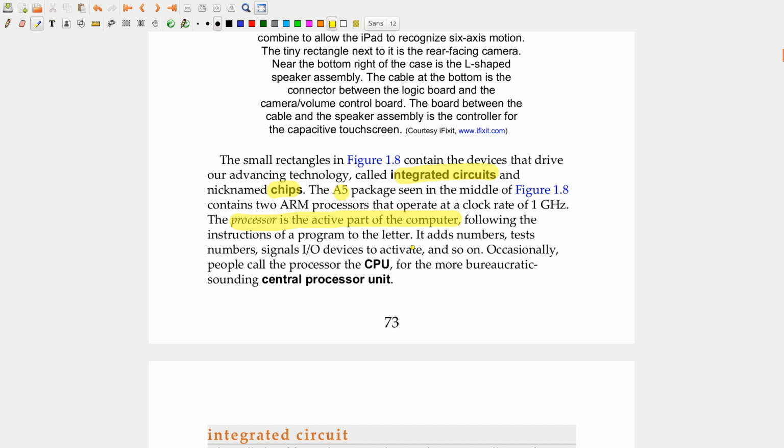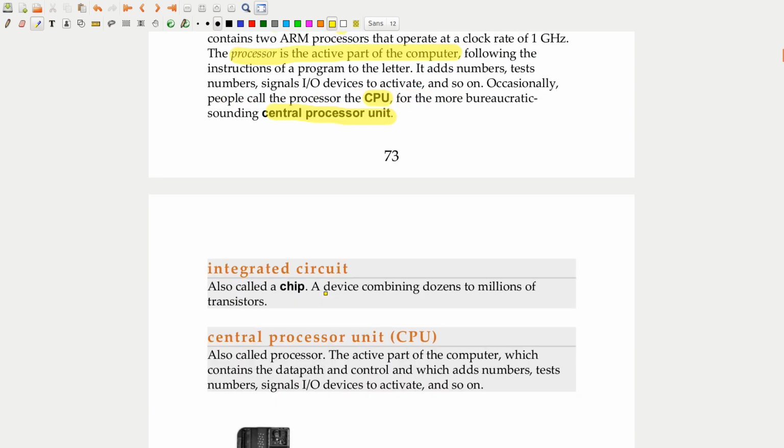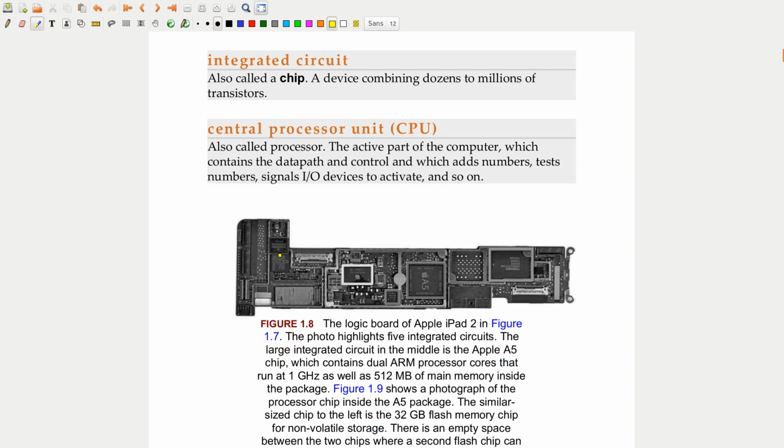Those basic fundamental types of applications are usually hard coded and built into the computer itself with system management chips. Occasionally people call the processor the CPU, Central Processing Unit. So there's another acronym. If you didn't know what CPU meant, it means Central Processor Unit. Sometimes people call it Central Processing Unit.